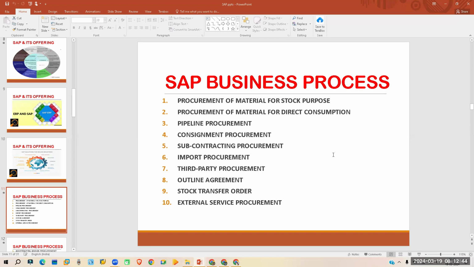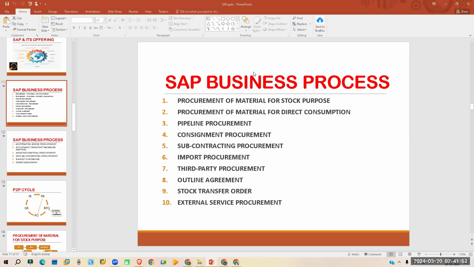Okay, next one is third party procurement. Yesterday we were looking into the business process, right? We have gone till subcontracting, import, and now third party. So what is third party procurement?